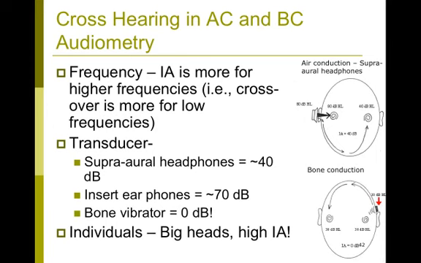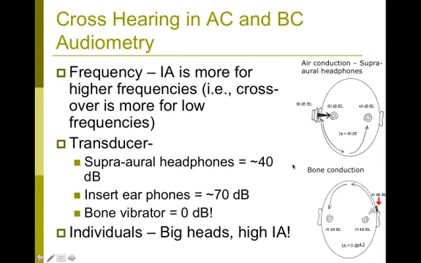So the lower frequencies have better chances of crossing over. So the interaural attenuation, the loss of energy when it travels from one side to another, is lower. Higher frequencies, on the other hand, have high interaural attenuation. In other words, more energy is lost when a higher frequency travels from one side to another.